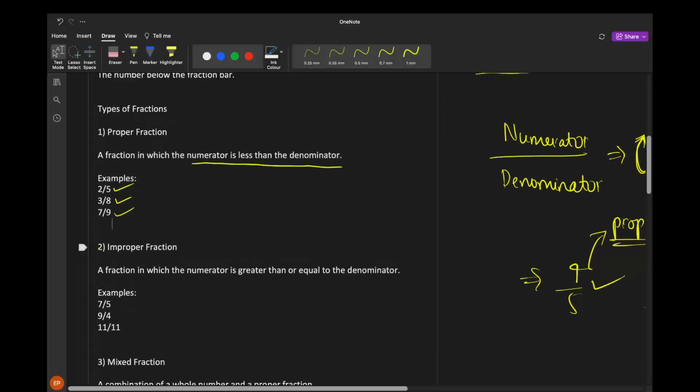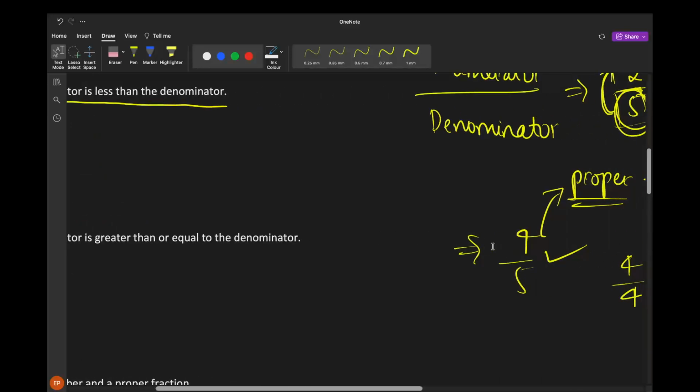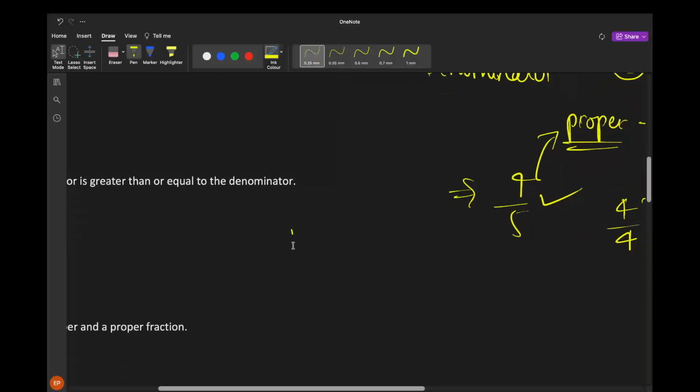Next comes the improper fraction. A fraction in which the numerator is greater than or equal to the denominator. It is the opposite of a proper fraction. The numerator should be greater than or equal to the denominator. This is the condition.